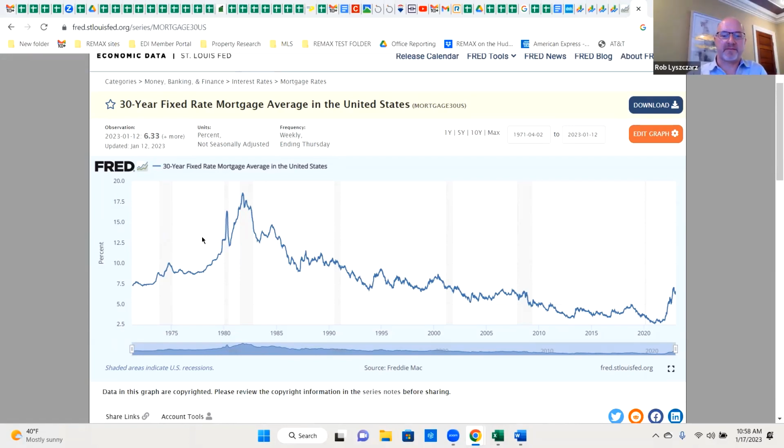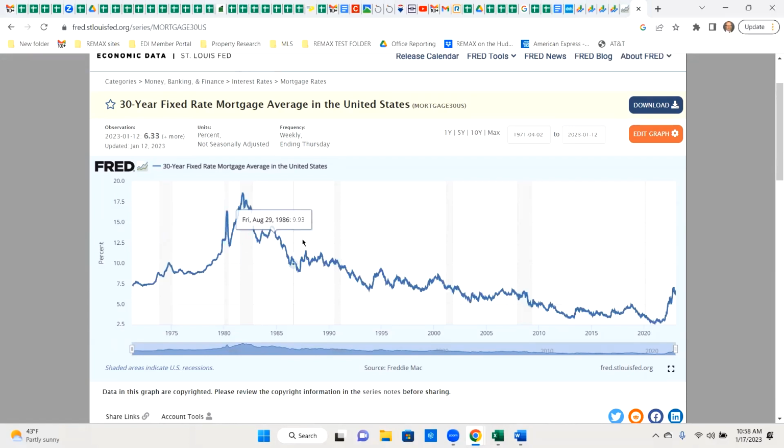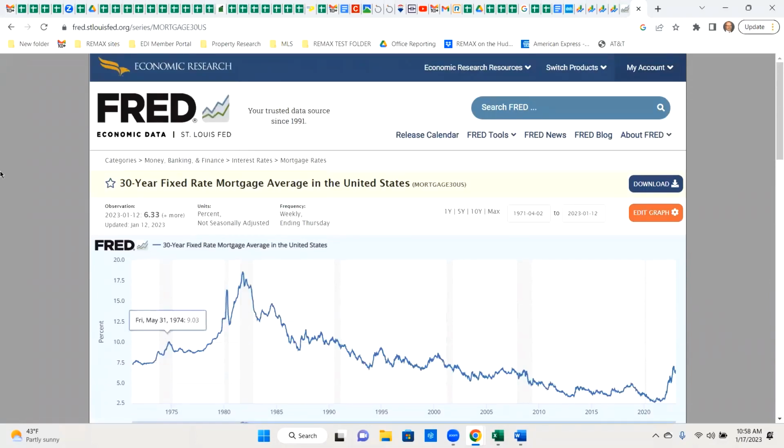Wow. That's when I bought my first house. That's what I use as an example for my clients that, in the 80s, it was in the double digits, and it goes up and down, but I don't think it'll ever go back up to that. Hopefully not.